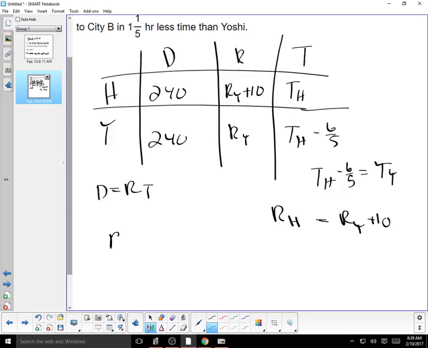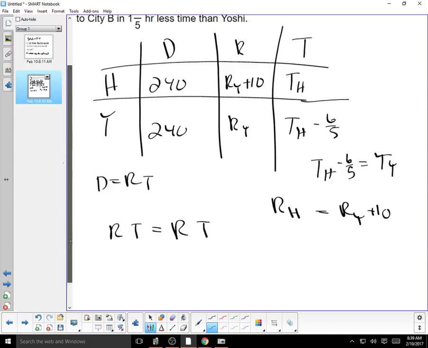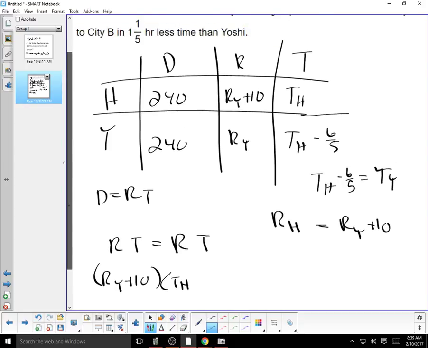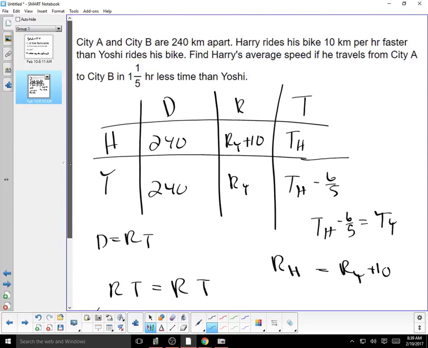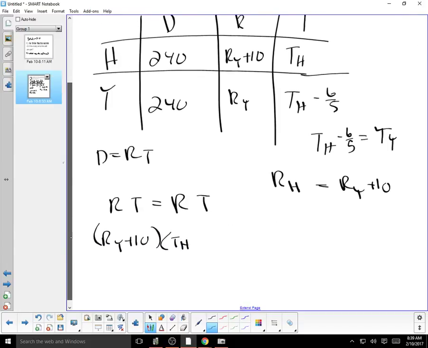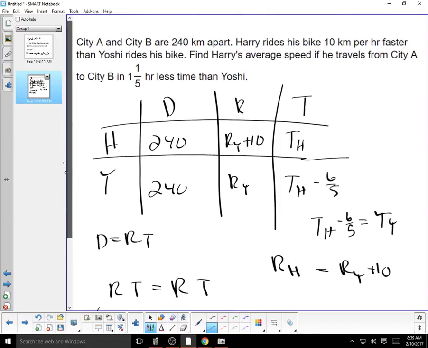So if I did rate times time equals rate times time, would that do anything for me? Rate of Yoshi, so ry plus 10 times... okay, it's going to have to be somewhere in here. Here's the key right here.